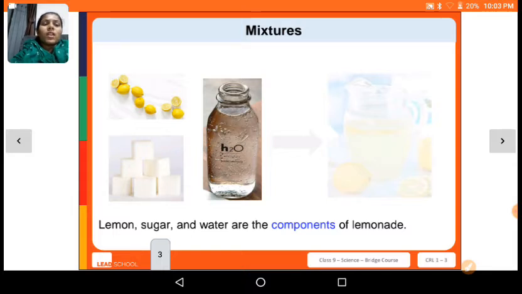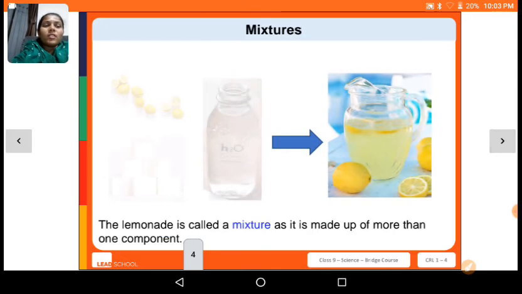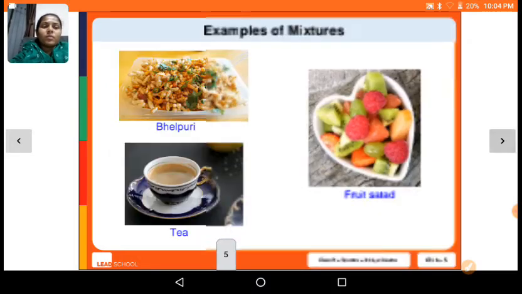So lemon, sugar and water are components of lemonade, and lemonade is a mixture made up of water, lemon and sugar. They are different components, and lemonade is a mixture.